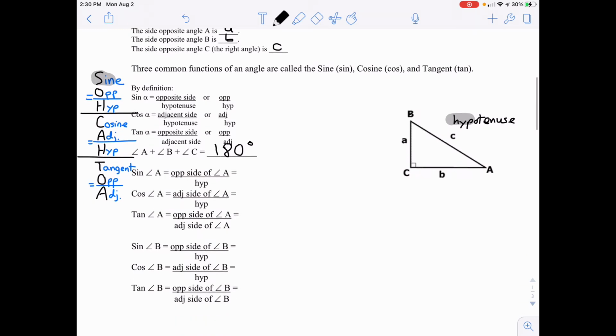Now, let's take a look at this triangle here with sides A, B, and C, and let's write down these ratios here. So the sine of angle A is opposite over hypotenuse, so that's going to be opposite side A over hypotenuse, little c, side C. Cosine of angle A is going to be adjacent over hypotenuse.